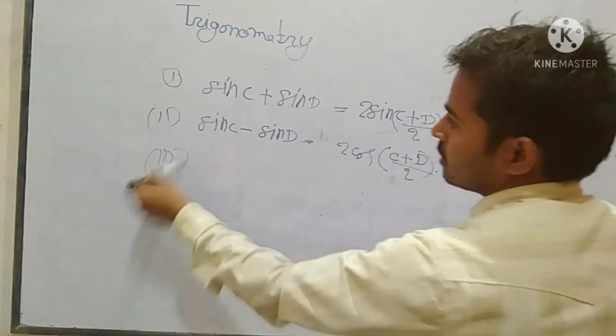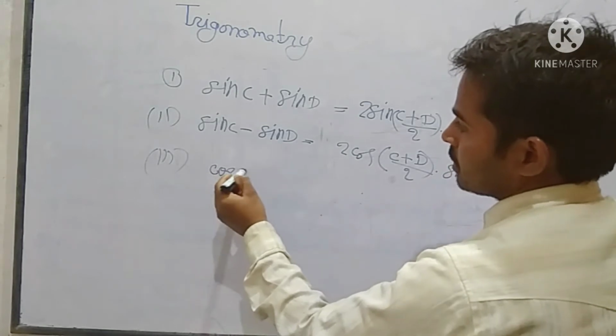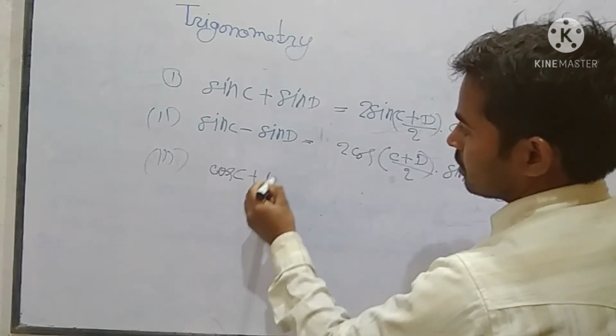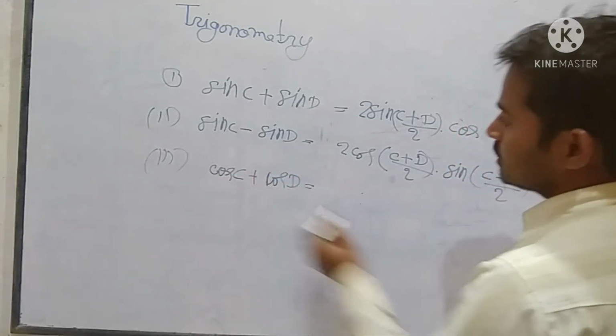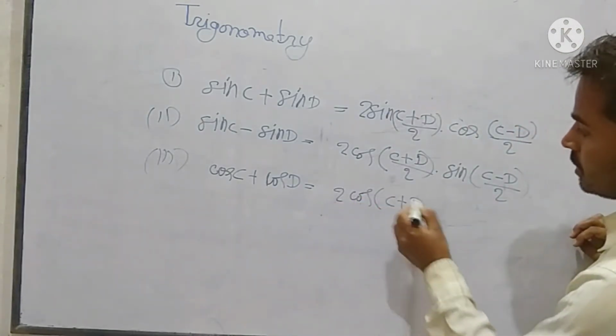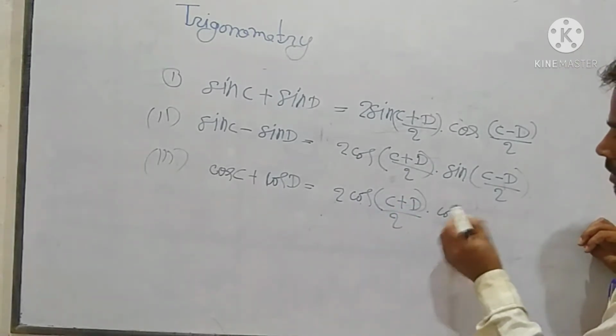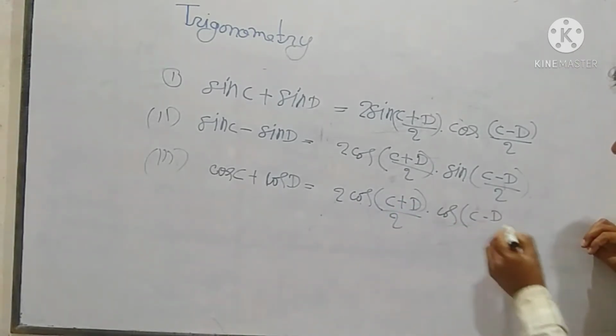Formula number three, that is cos C + cos D = 2 cos((C+D)/2) cos((C-D)/2).